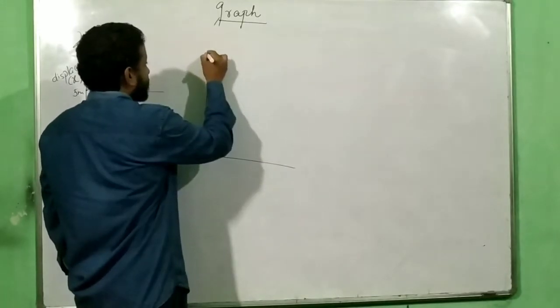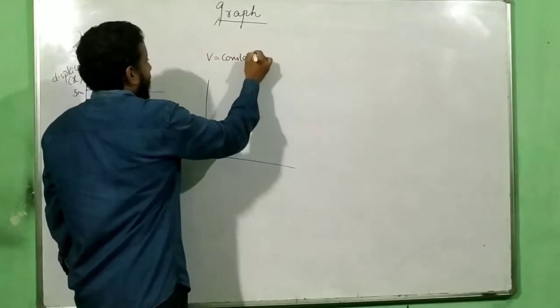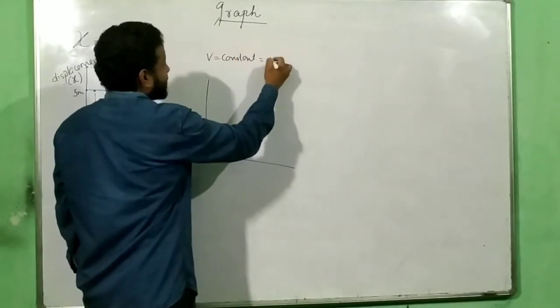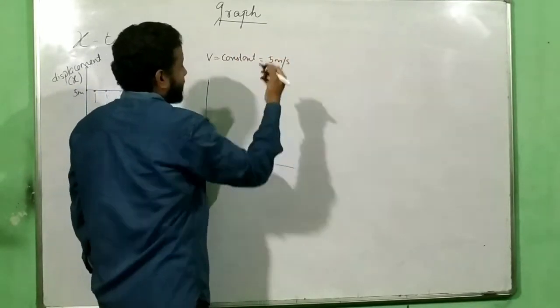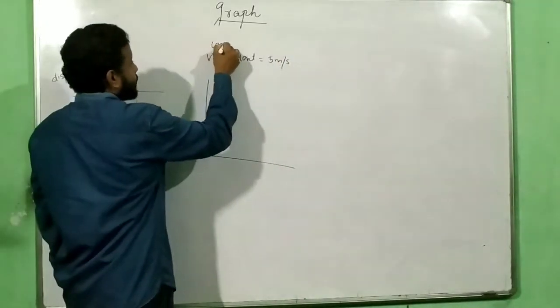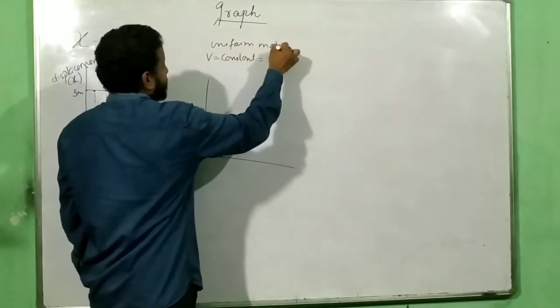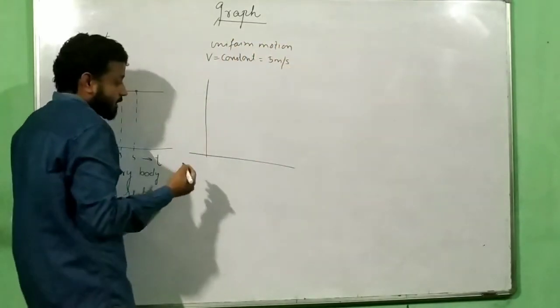Uniform motion means velocity is constant. For our understanding, let us consider that constant velocity is 5 meters per second. It can be anything. So a body moving with uniform motion, how does the graph look?